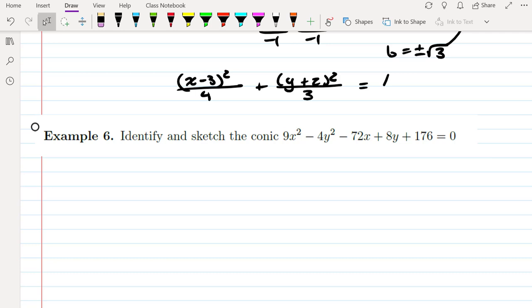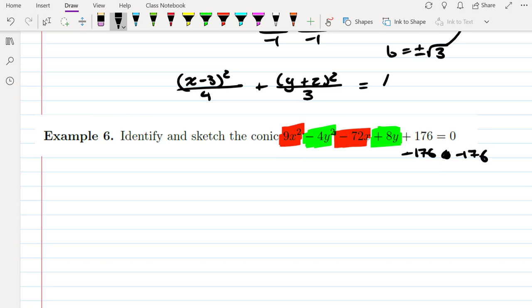So what we need to do is complete the square. So we're going to gather all of our x terms together, and then we are also going to gather all of our y terms together. And then we're going to move that constant to the other side by subtracting 176 from both sides.